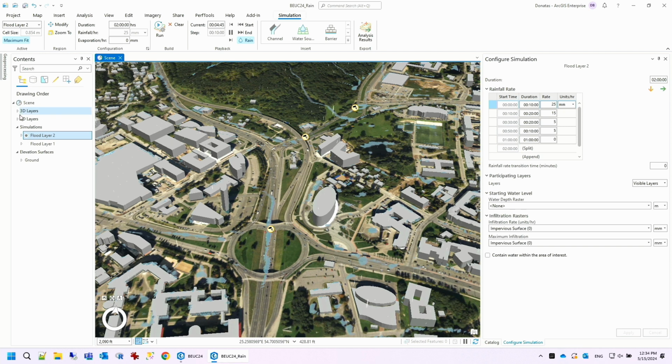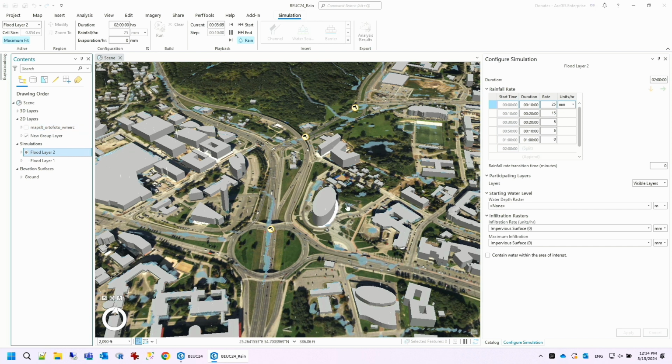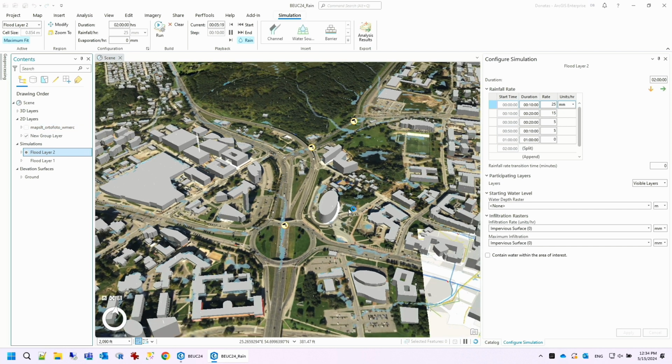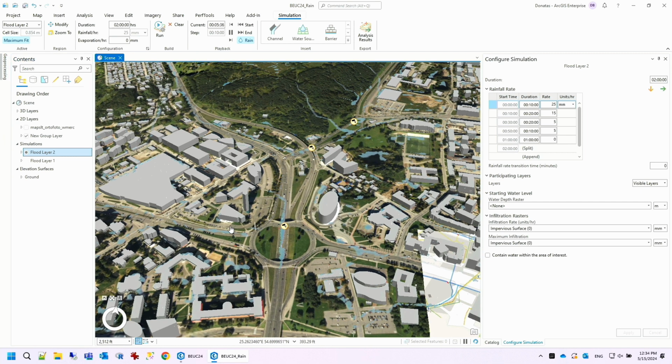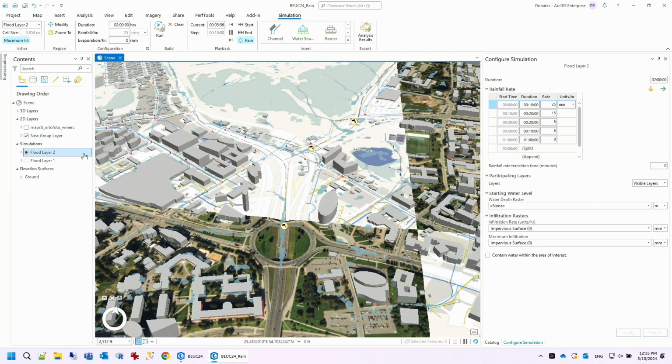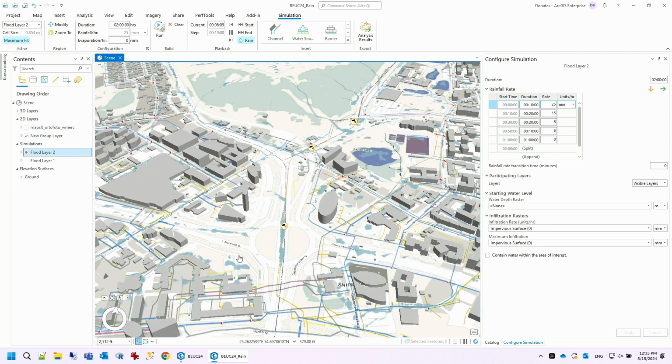And I can use this not only with orthophoto imagery, but also with surface cover areas, and also I would be able to see how they impact the existing infrastructure. So thank you.